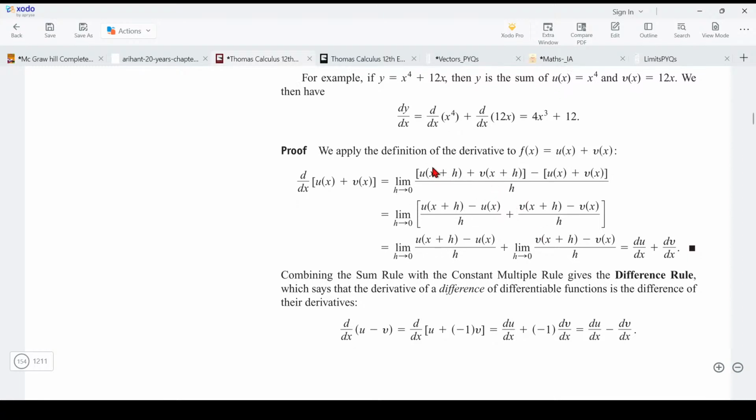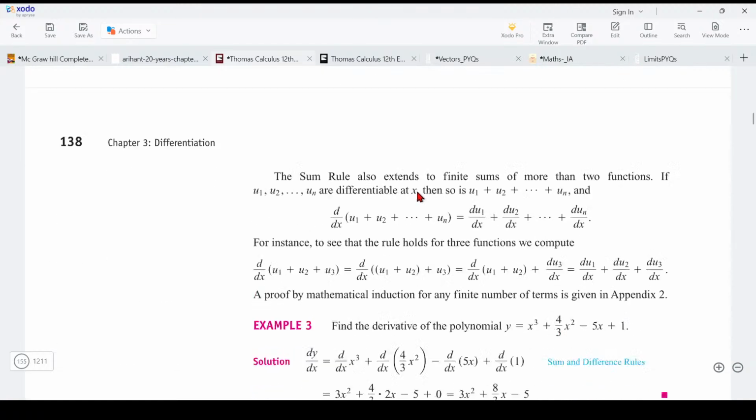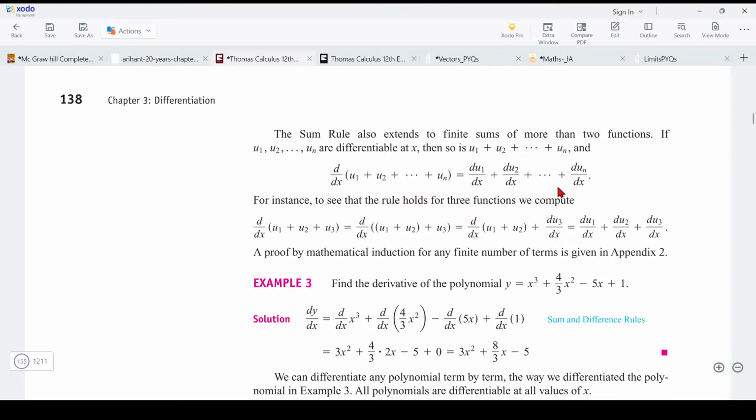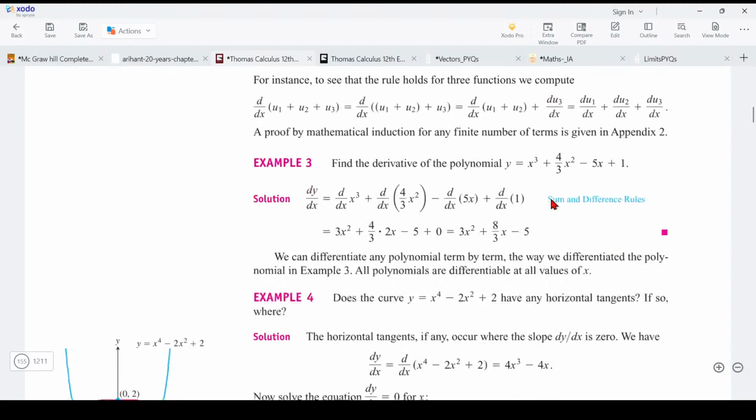We can rearrange and take this and this together, and this and this together. This is nothing but the derivative of u of x, and this is the derivative of v of x. That's why we are getting this. By the same logic, instead of plus, you can put minus and arrive at this rule. Similarly, you can apply this to the sum of multiple functions, as long as each function is differentiable at the place we are talking about.